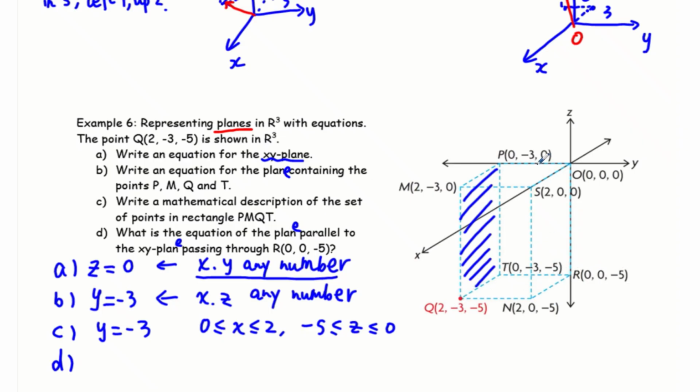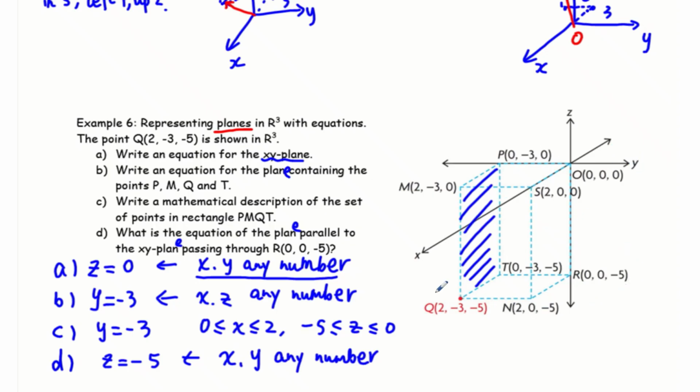It's just the xy plane down 5. So this is another plane. It's down 5, so all z values are -5. And for this one, x and y could be any number, any combination. If x and y could be any numbers, it represents a flat surface. It's parallel with the xy plane.